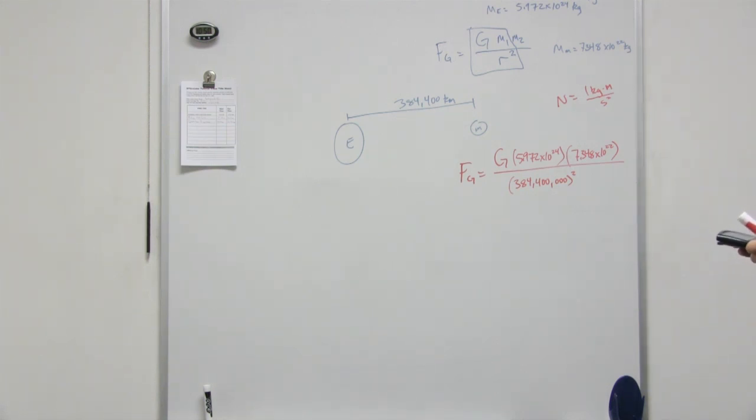You'd say 6.6738 times 10 to the negative 11 times 5.972 times 10 to the 24th times 7.348 times 10 to the 22nd, divided by 384 squared.